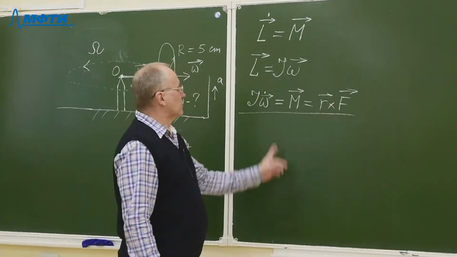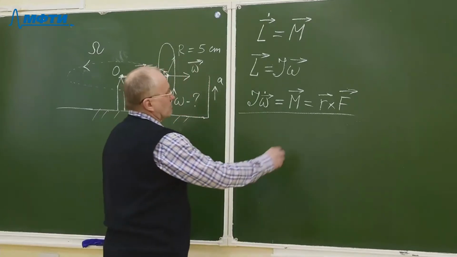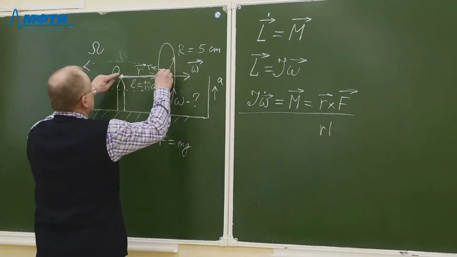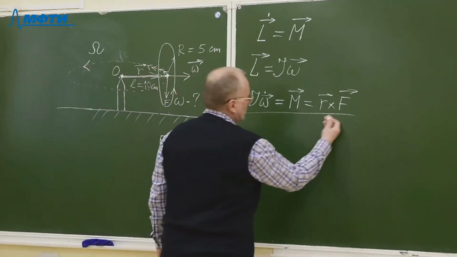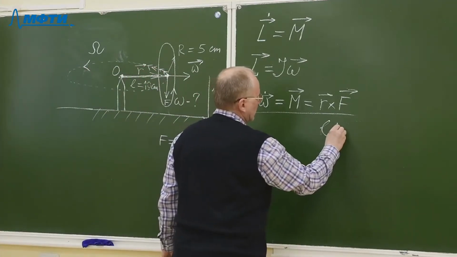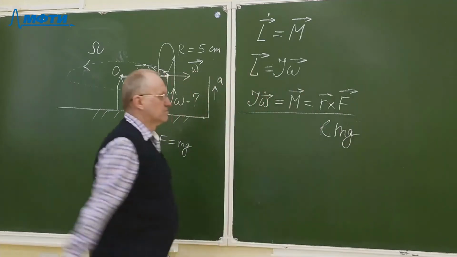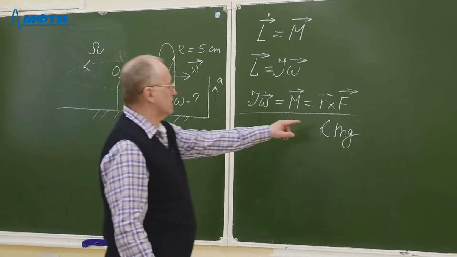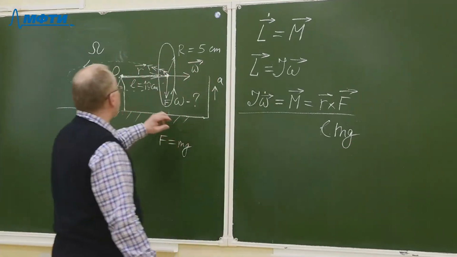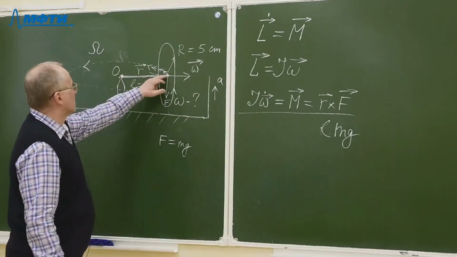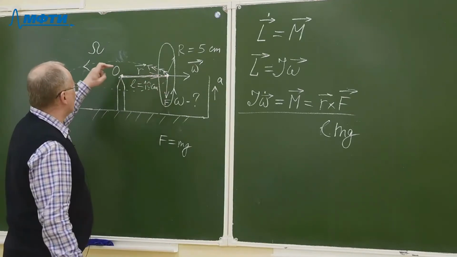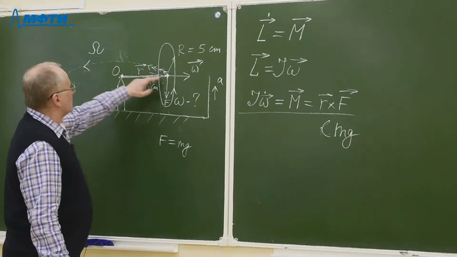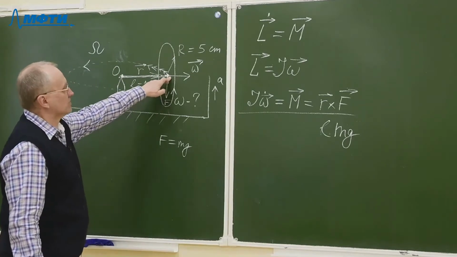So if we go to the magnitudes, we will have here just r times f, and r is equal to L. So we will have here L, and f is mg. The magnitude of this vector will be L mg, where L is the length of this rod, the distance between the point of suspension, the point where the rod is hinged, to the center of mass of the disk.